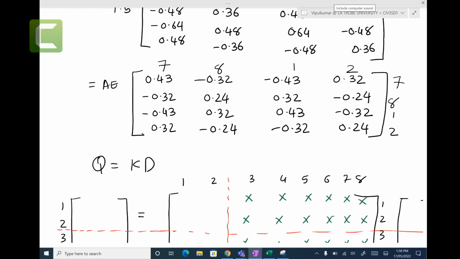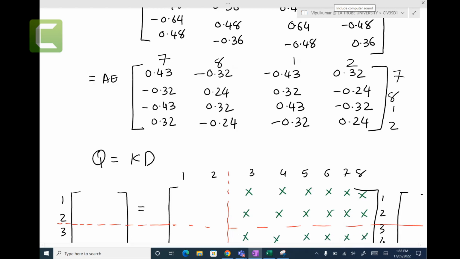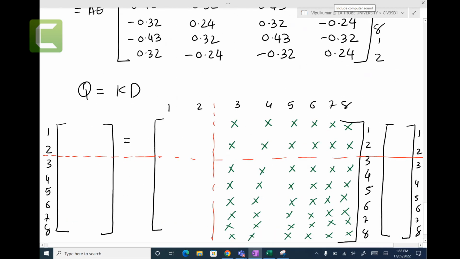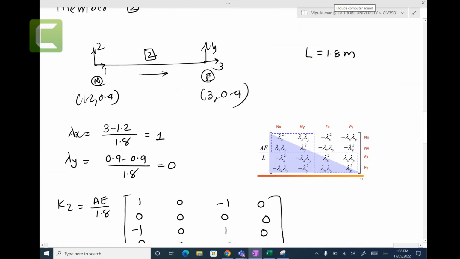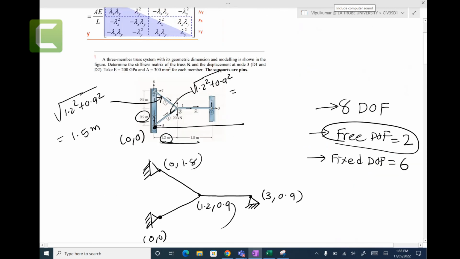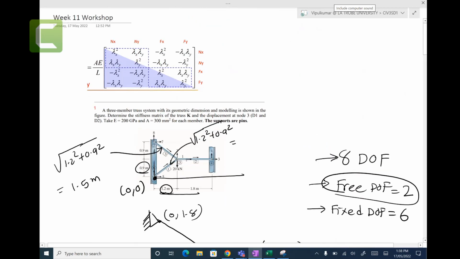All right, so now we just need those columns and rows 1 and 2, and that's it. That simplified a lot of work. Okay, so over here, Q1, Q2, you can look at the figure here. Look at 1.